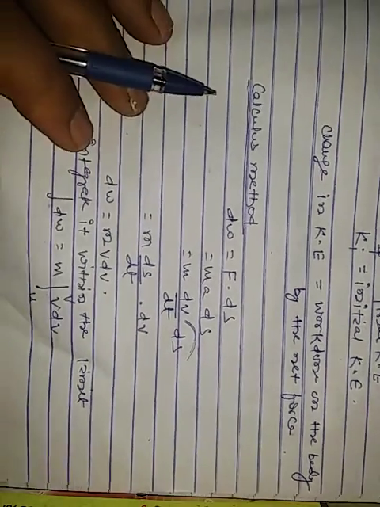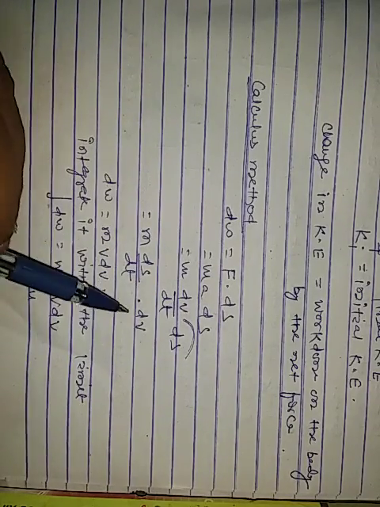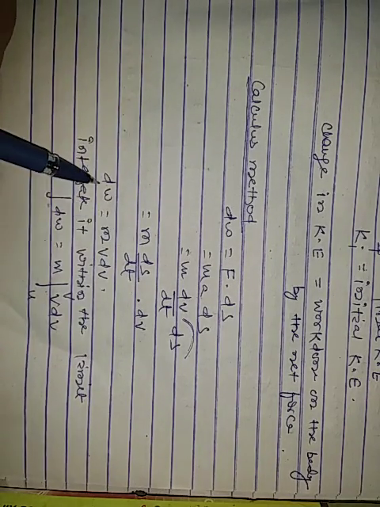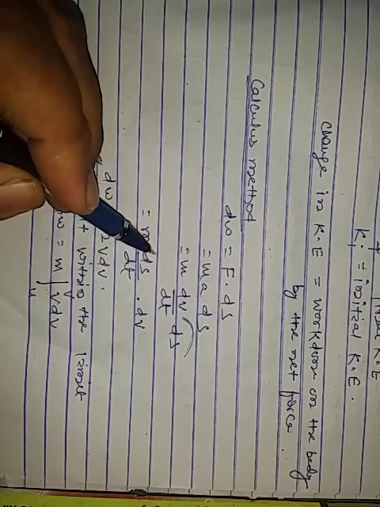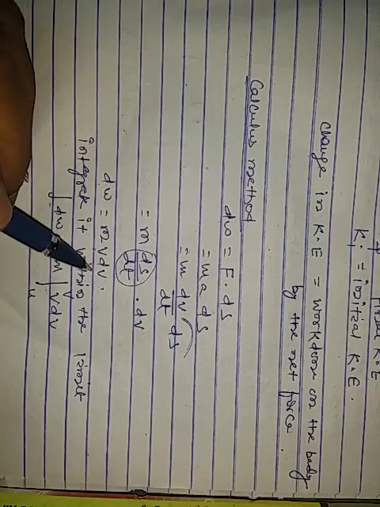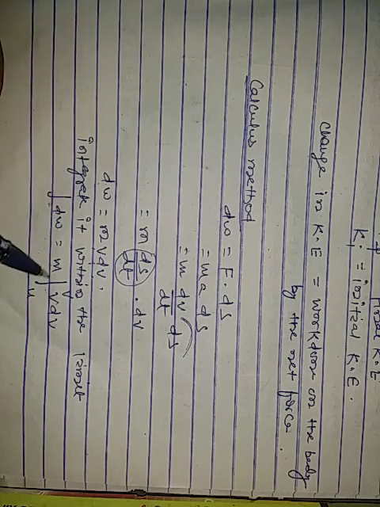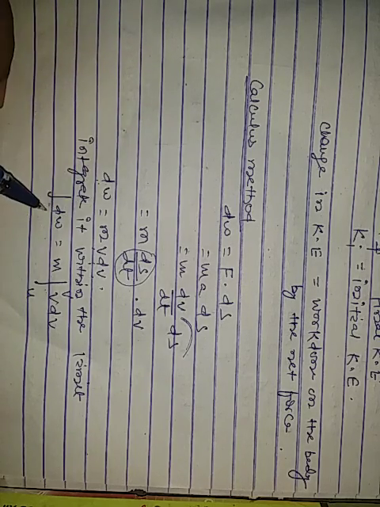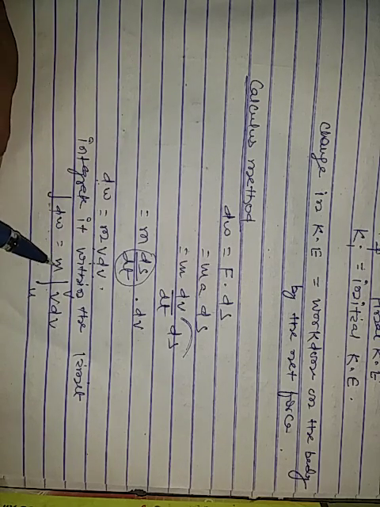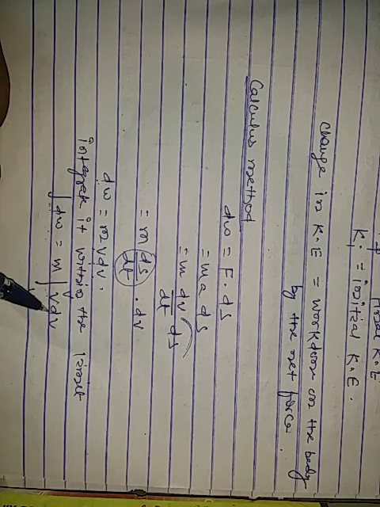So m ds by dt into dv. So dW equals m ds by dt, displacement by time is equal to velocity, into dv. Okay, so integrate it within the limit, the mass is the constant term, so v into dv.